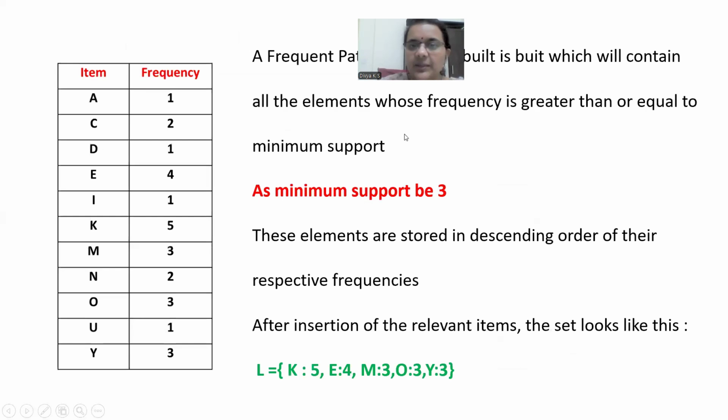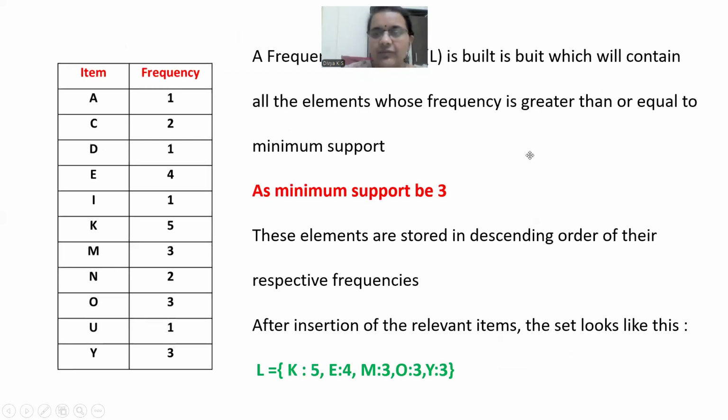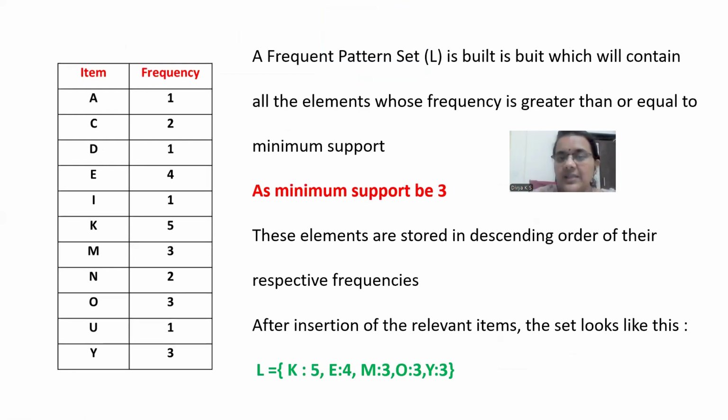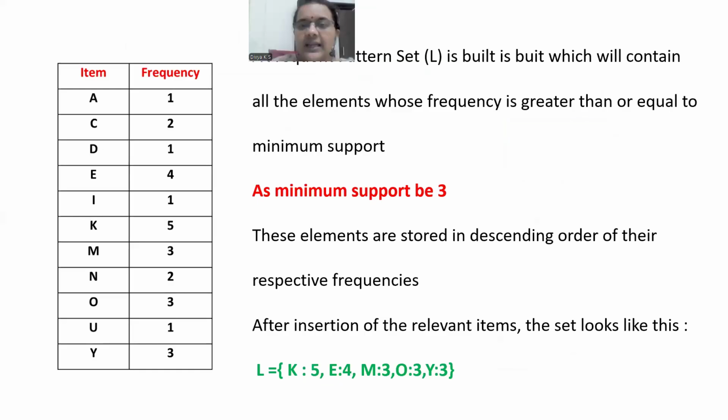Once the frequency table is ready, next we find the frequent pattern set, which is called L. In this L, what we are checking is the items whose frequency is equal to or greater than 3. Other items we remove.